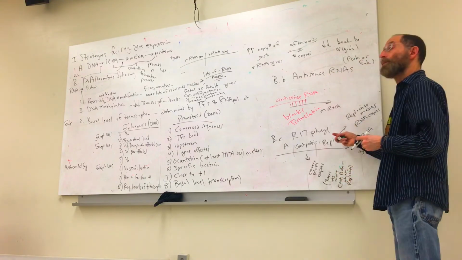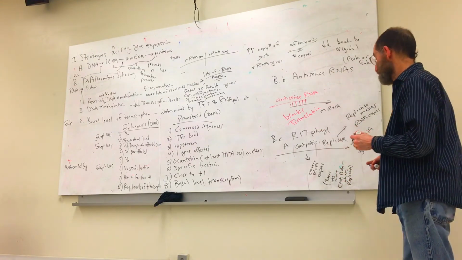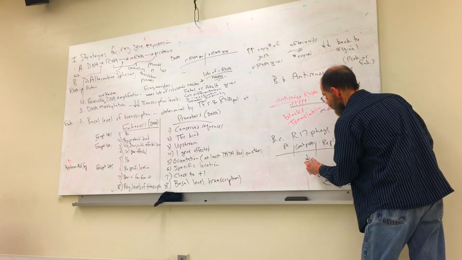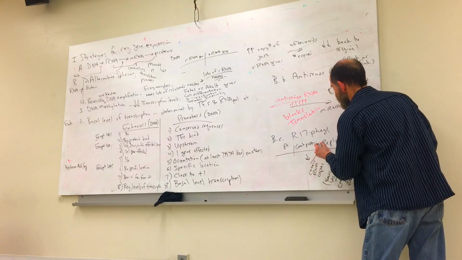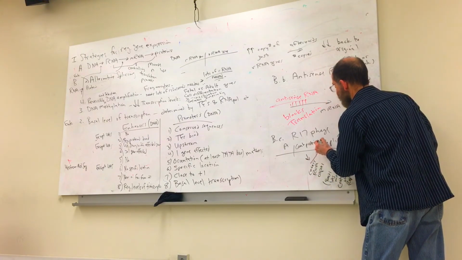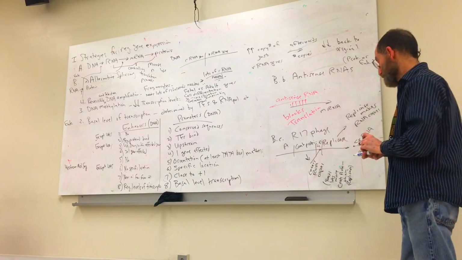So once you have enough replicase, you also have enough coat protein that some of it can cover this part, which is the Shine-Dalgarno sequence for replicase.